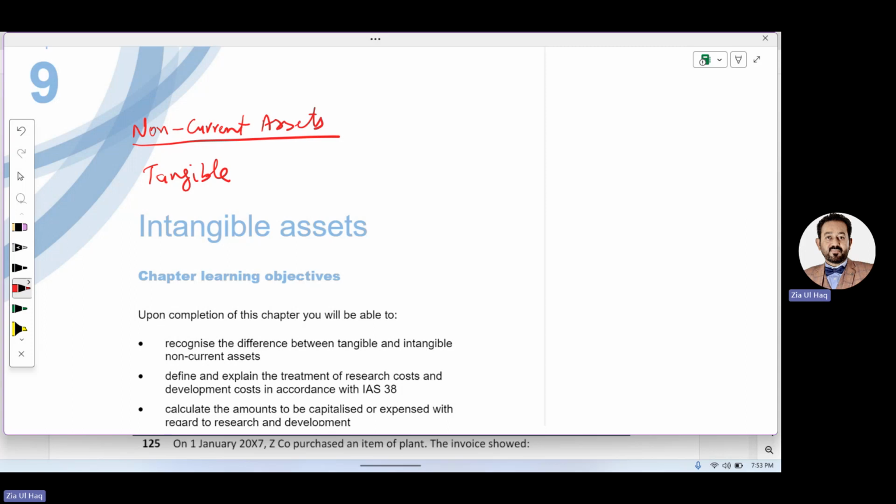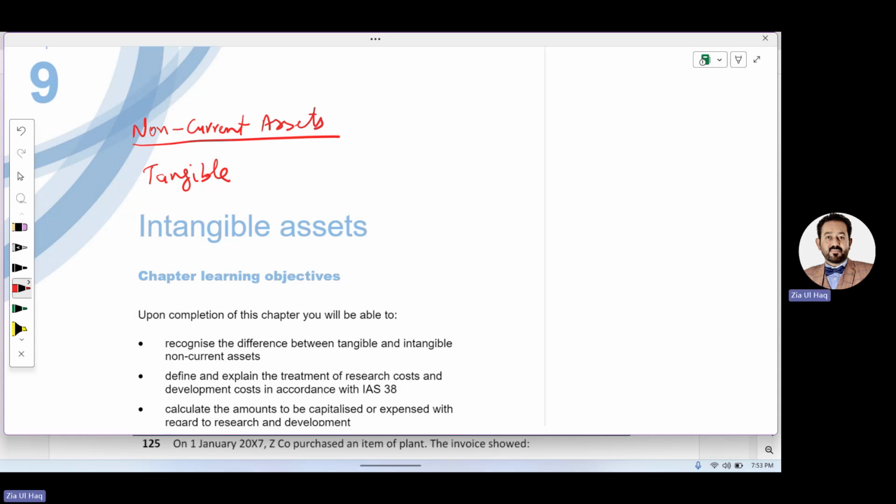Tangibles can be seen and touched, that physically exist. Intangibles cannot be seen or touched, they don't exist physically.